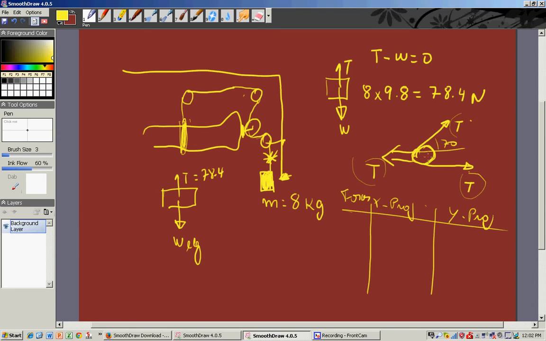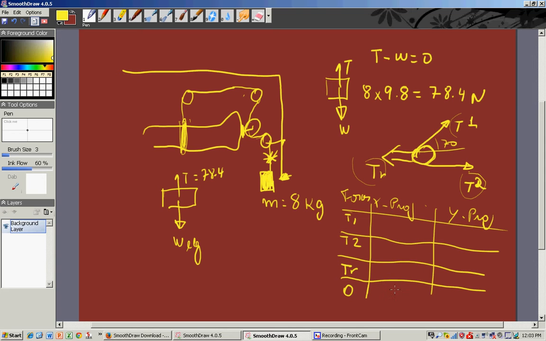So you do our little table, remember that? X projection, Y projection, and then you write down the forces. Can I call this T? I'm going to call this T1. It has the same value, but just to differentiate. And the other one is T2.